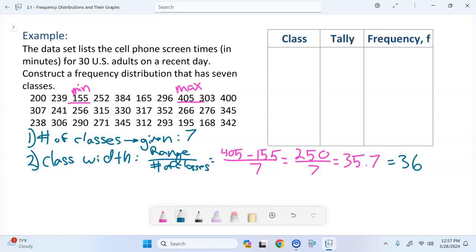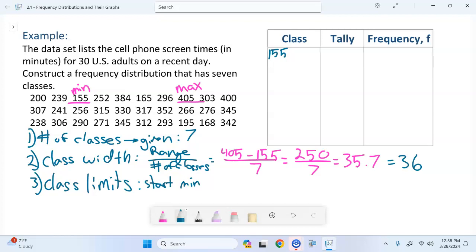Step 3 is to get our class limits. So we start with our minimum, and that is our first. And then you add 36. So we add 36, and we add 36 over and over and over until we have all 7 classes that we need. So what is 155 plus 36? 191.